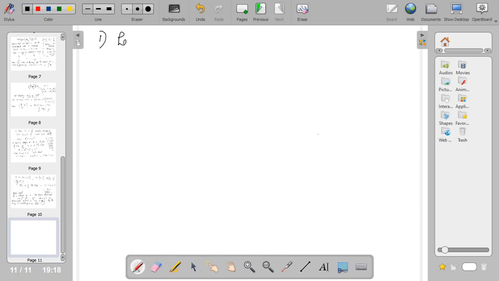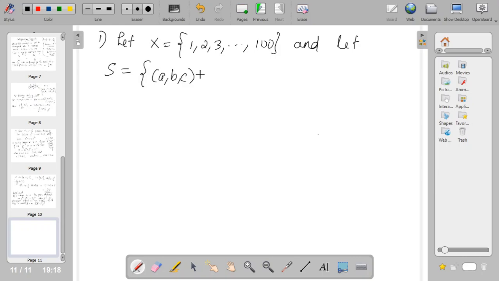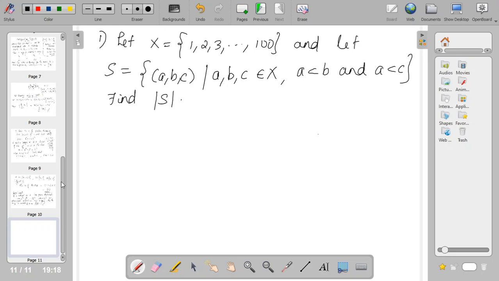So let X equal the set {1, 2, 3, etc., 100} and let S be defined as the set of all (A, B, C) such that A, B and C belong to X, and you have A less than B and A less than C. Then the problem is to find the cardinality of S.